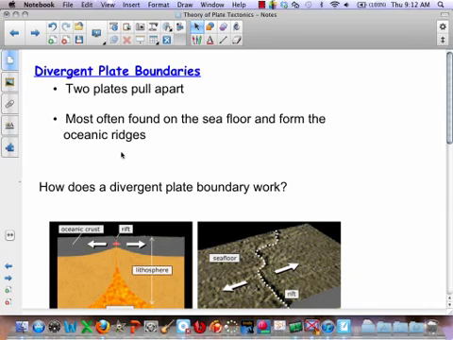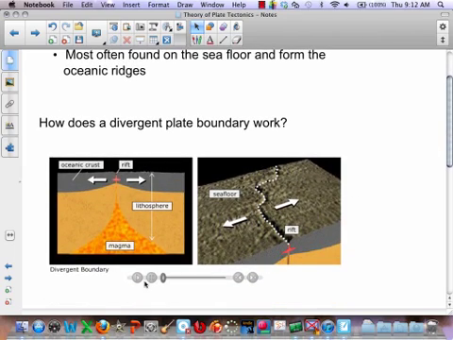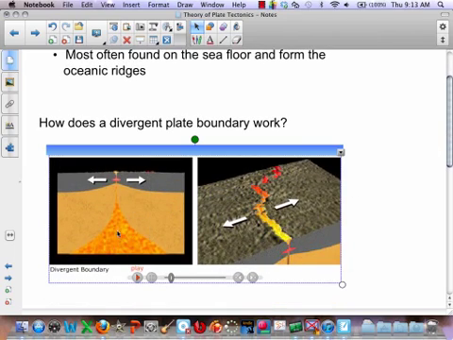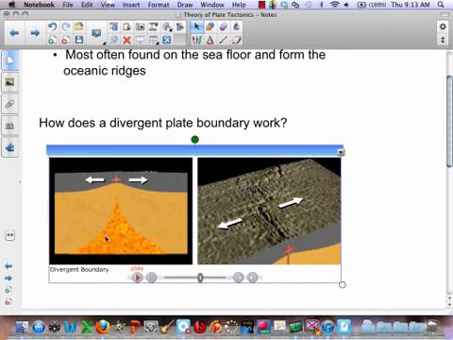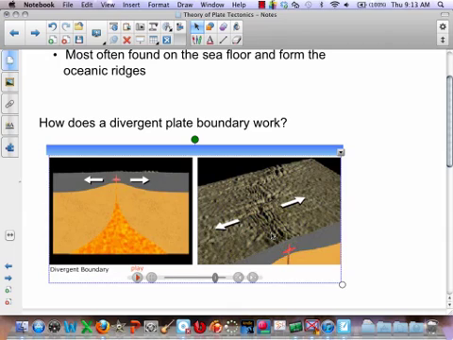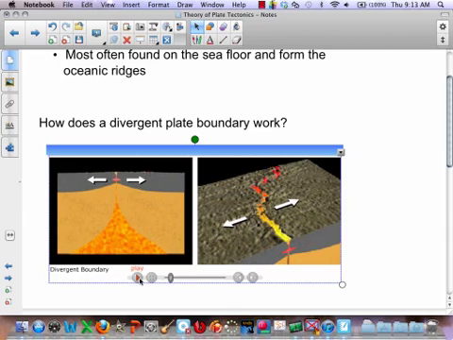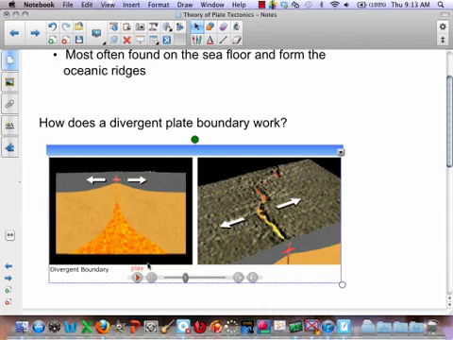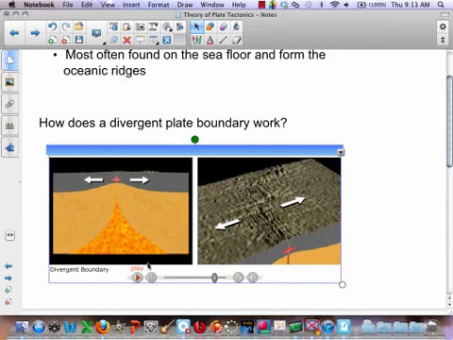So let's take a look at our little diagram here. So look at divergent boundaries. Basically what happens is you have this upwelling of magma coming up from the seafloor, and it literally spreads the ocean floor apart. Think of it as literally wedging itself up, and then as it cools, it pushes away.